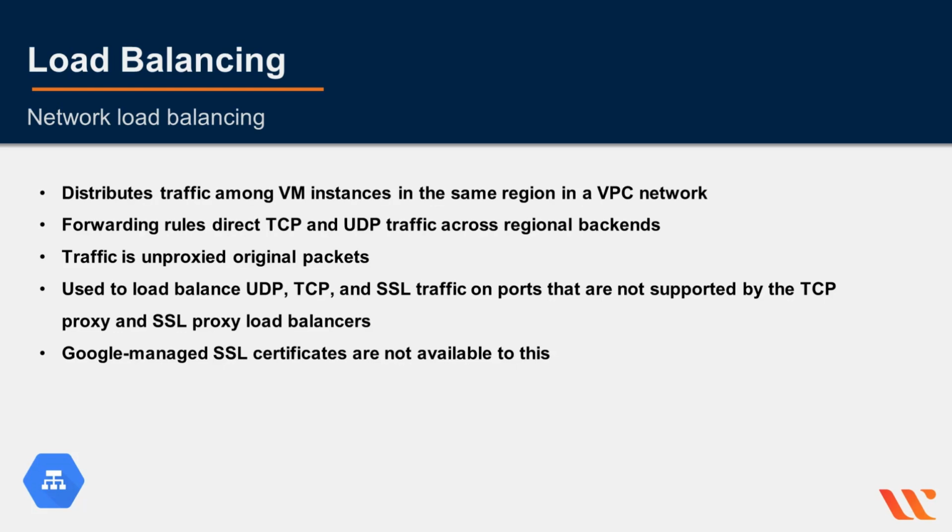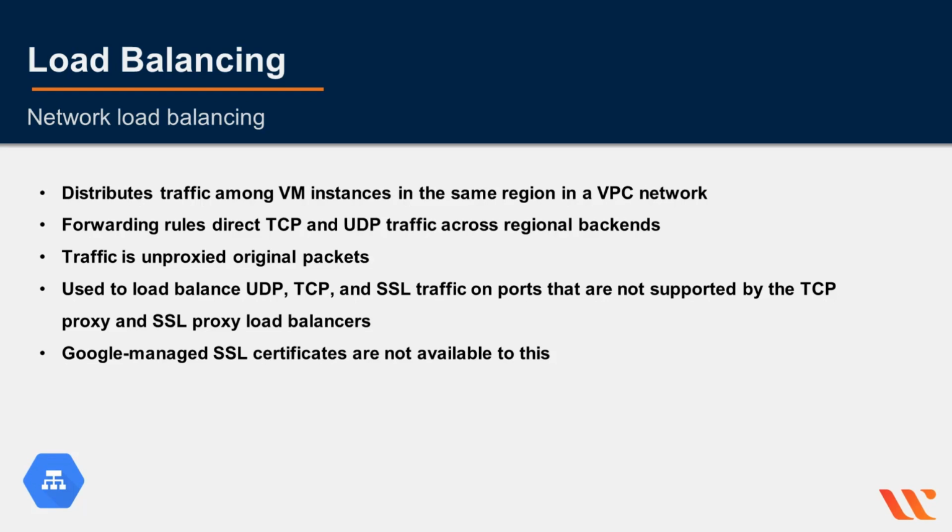Network load balancing distributes traffic among VM instances in the same region in a VPC network. The forwarding rules direct TCP and UDP traffic across regional backends. This traffic is unproxied original packets, and it does not load balance among instances.